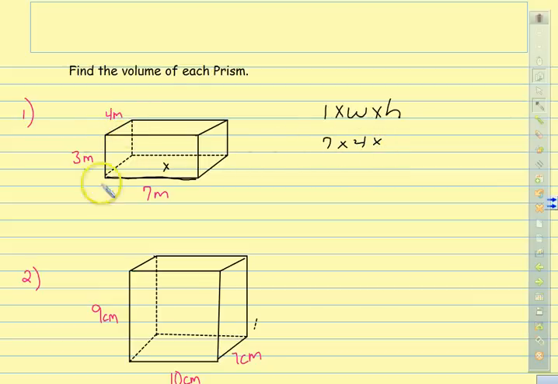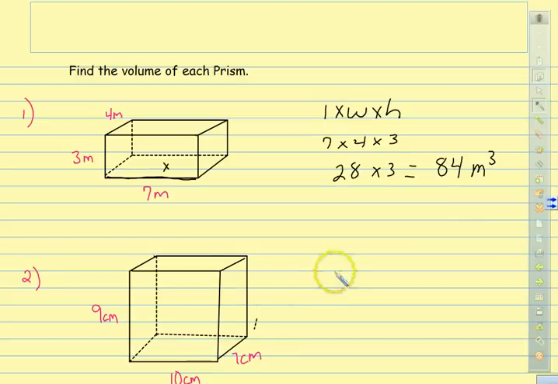And the height, how tall this prism is, is 3. So we're going to take 7 times 4, which is 28, times 3, which gives me 84, and it is meters with a 3. So cubic meters is what we have for an answer.